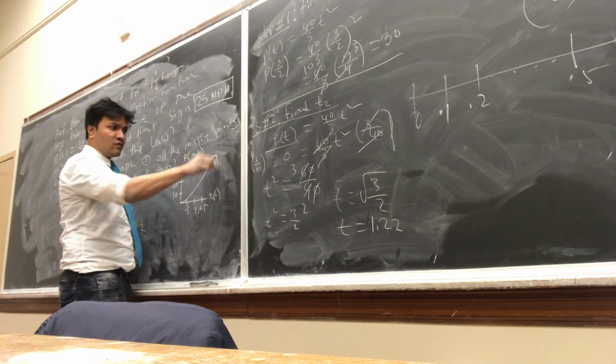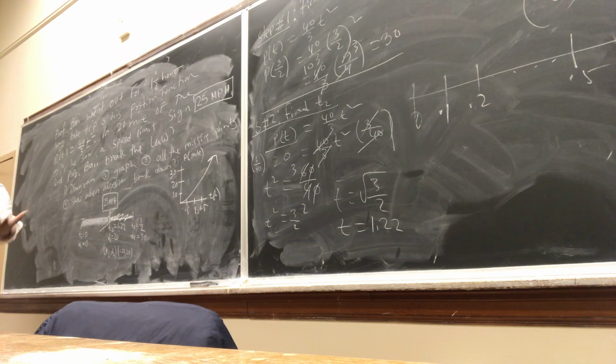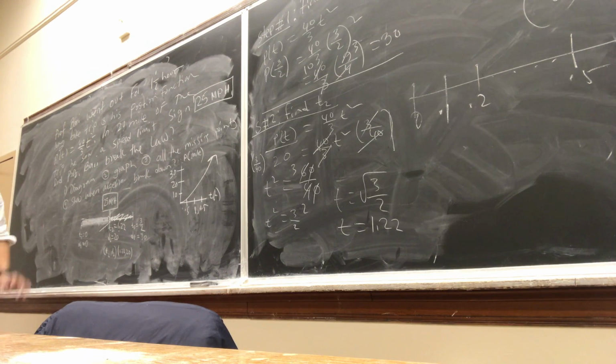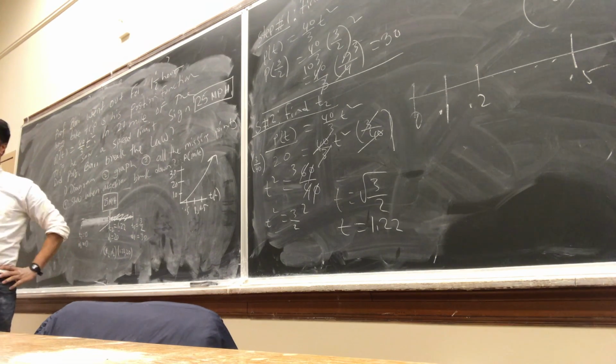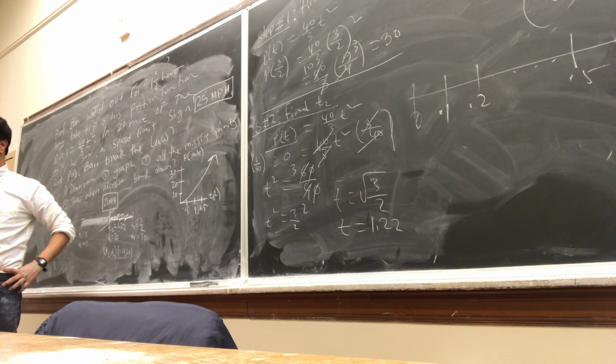The right side of the parabola, not the left side, because in physics there is no left side, not yet. Not yet. We are not done with algebra. First we'll do algebra.